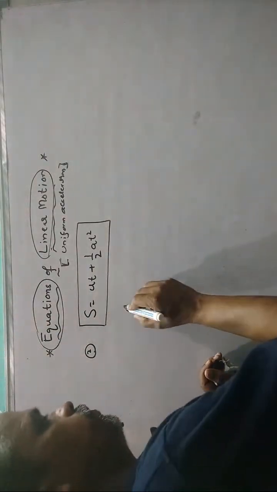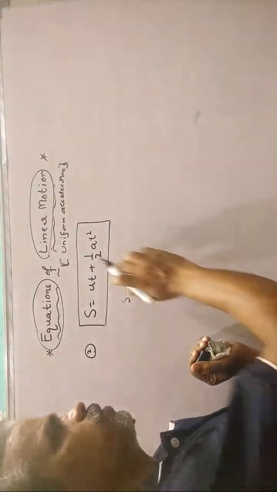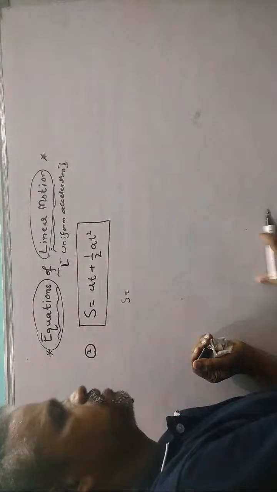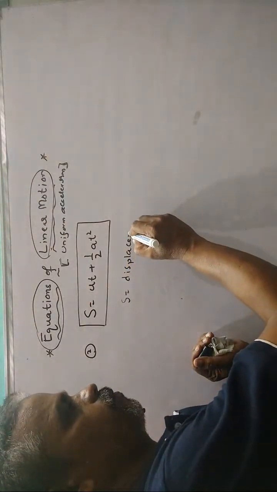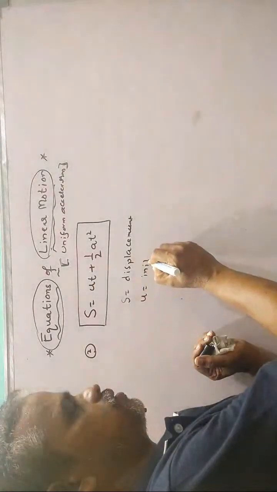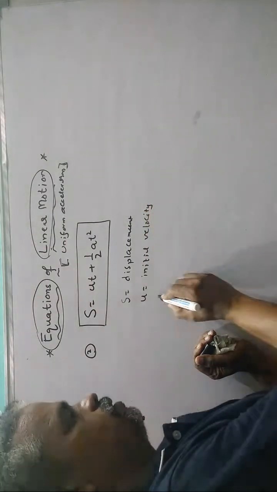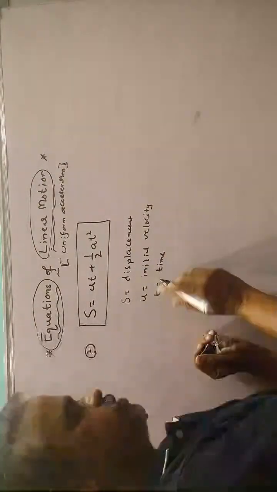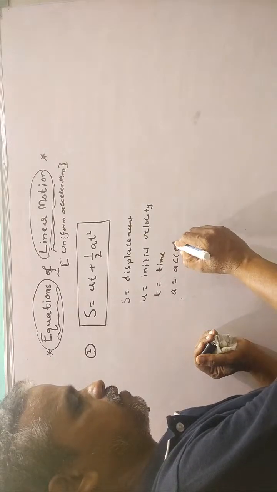So here, write this equation. What are the terms, what do they refer to? S is displacement, u is initial velocity, t is time, a is acceleration.